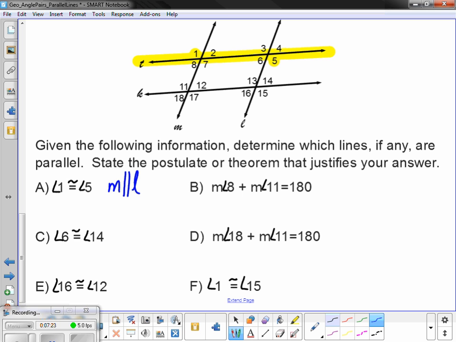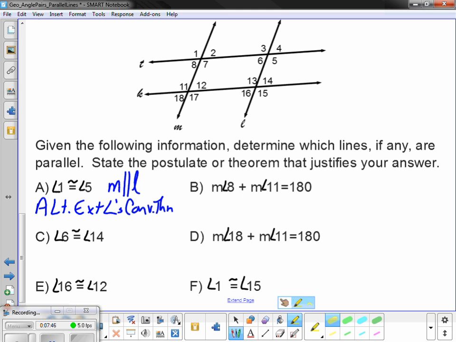Well, angle 1 and angle 5 are not between M and L, so they're exterior, and they're on opposite sides, so they are alternate exterior angles. So the alternate exterior angles converse theorem would prove that. And that's the way I do every one of these. I identify the angles first, and then I go from there.